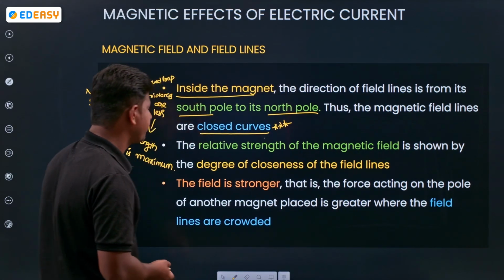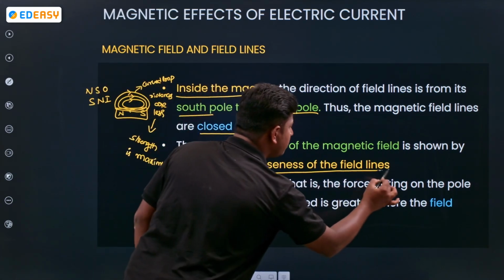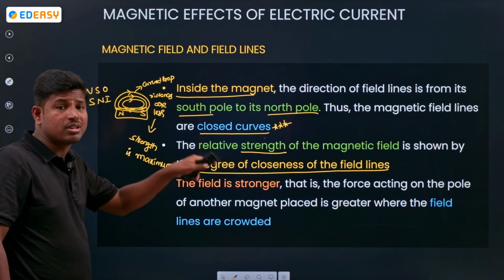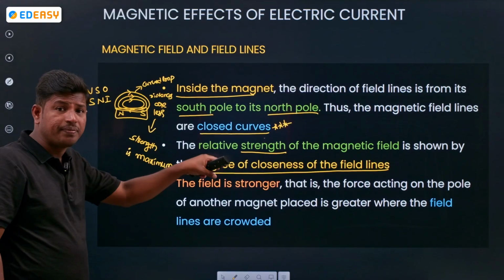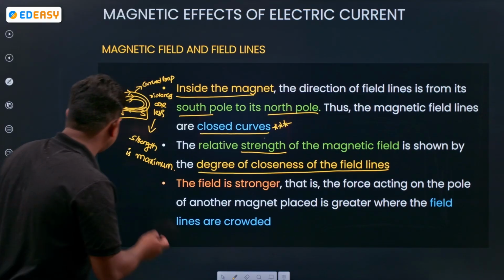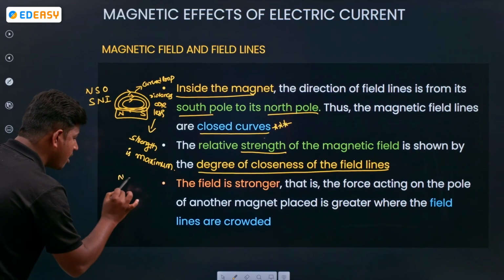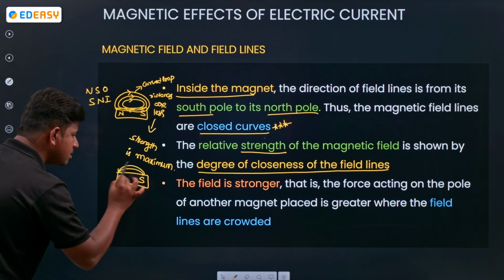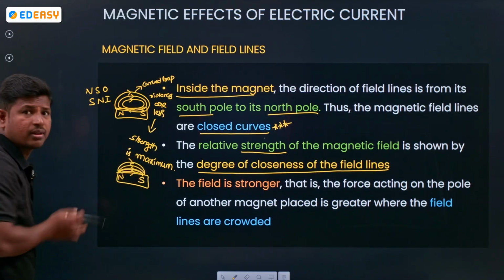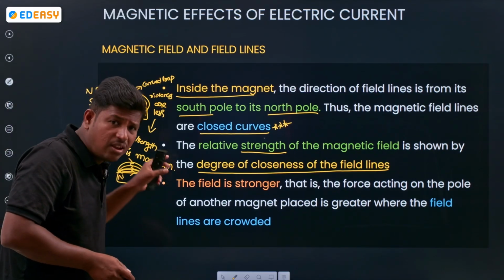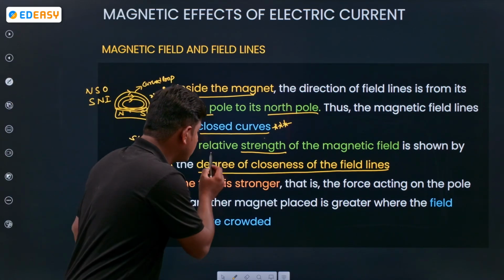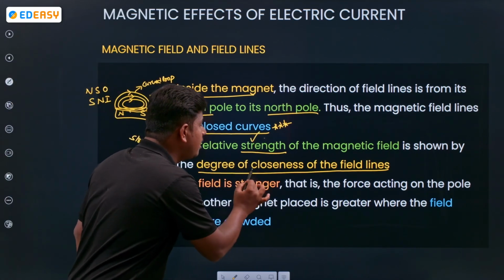Next, the degree of closeness of the field lines. How can you calculate the strength? The degree of closeness: how many close lines? If I take a bar magnet again, north pole to south pole, the field lines will be like this. You see how the field lines will be very close. If they are very close, it attracts easily, because the strength depends upon the degree of closeness.